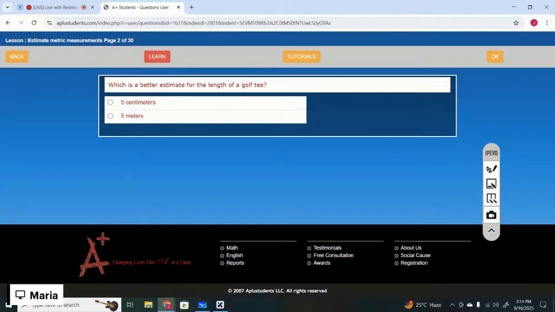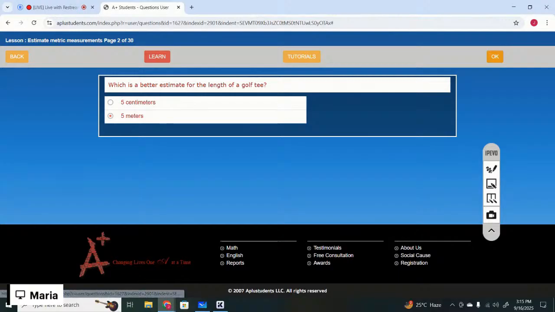Which is the better estimate for the length of a golf tee? 5 centimeters or 5 meters, which is the correct option? It would be 5 meters.